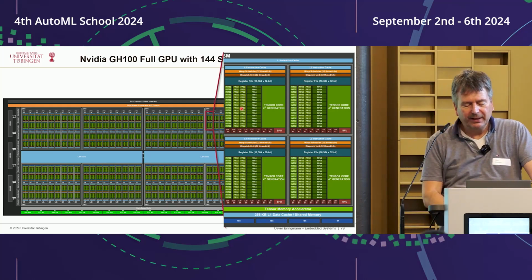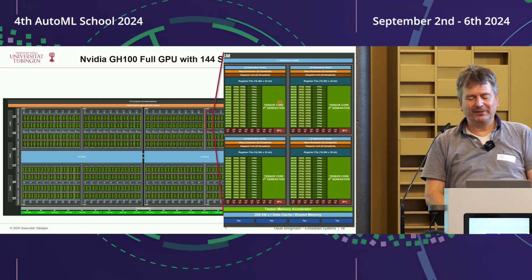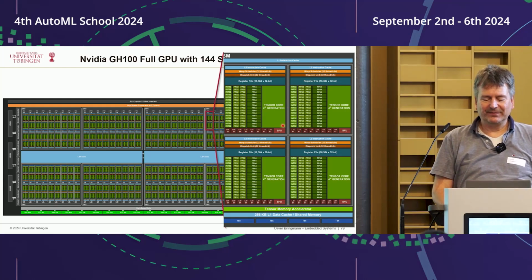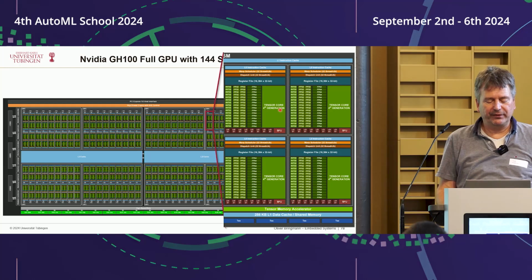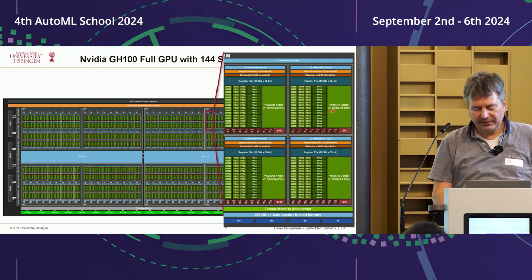But you also have tensor cores, and that's quite interesting also for our idea here, to actually implement a matrix multiplication in an efficient way. It means in each of the 144 streaming multiprocessors, you have 4 tensor cores.